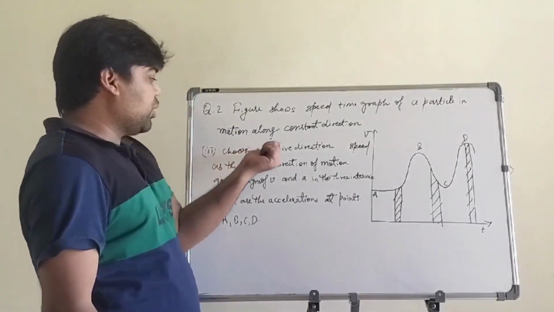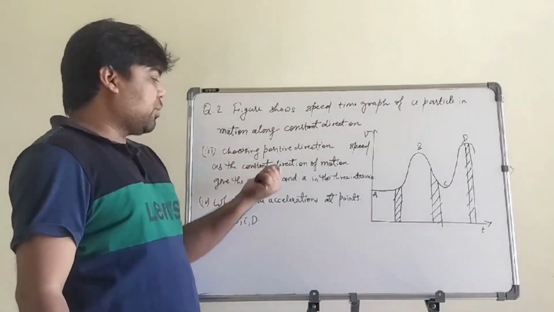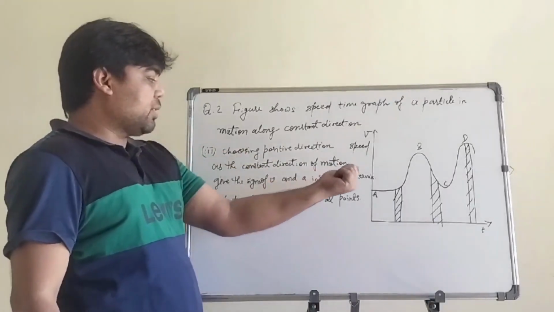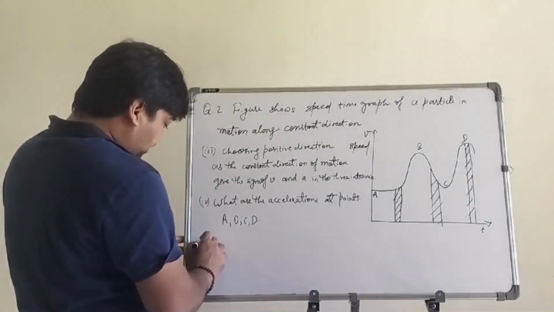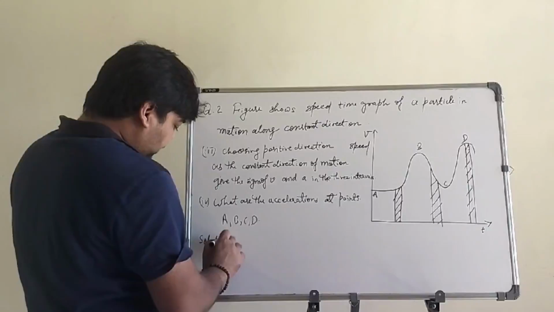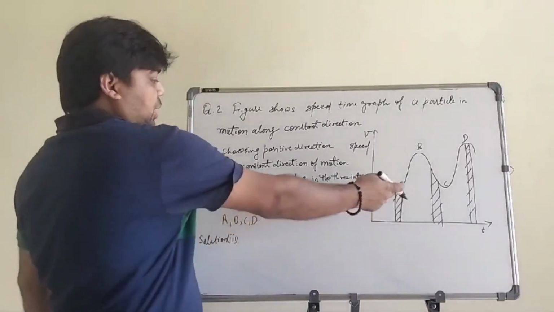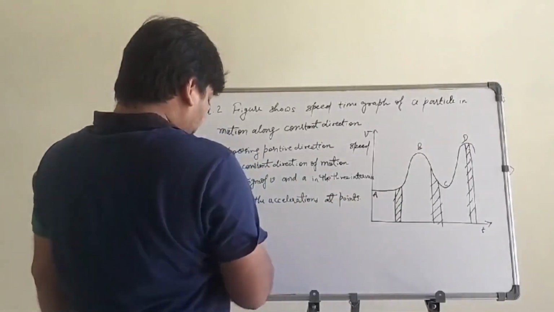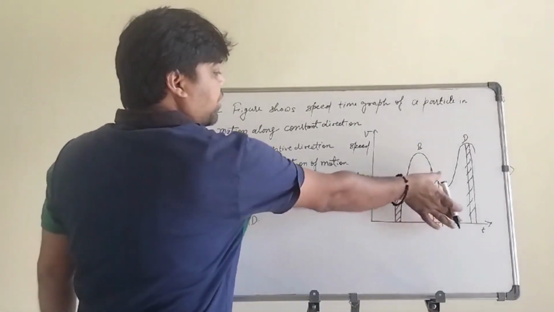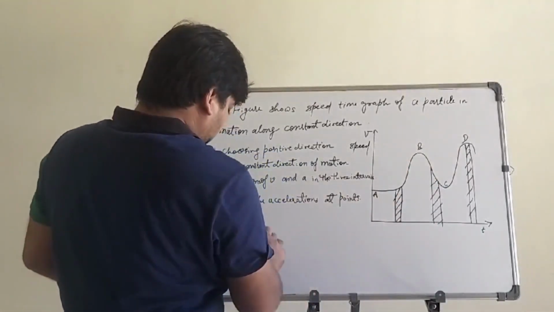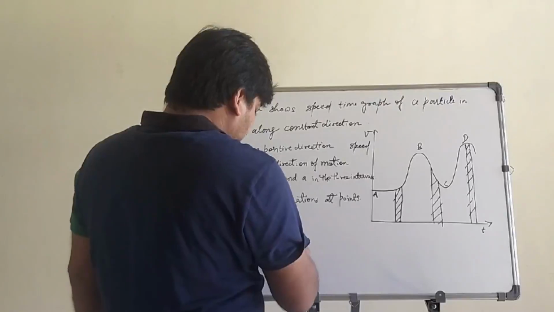Let us discuss the third part of this problem. It says that choosing the positive direction as the constant direction of motion, give the signs of velocity and acceleration in the 3 intervals. So the solution: V is always positive in all the three cases, greater than 0.